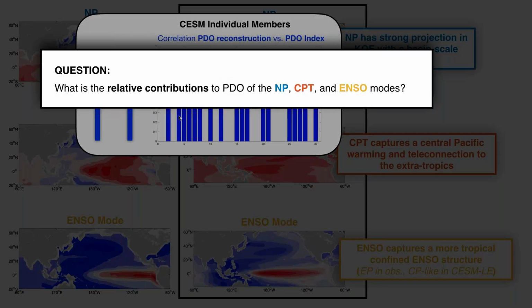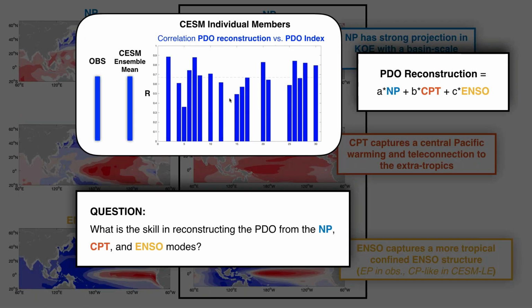Sorry, do your A, B, and C coefficients change for each CESM ensemble member? Yes, because for each member we calculate different modes, so it changes in different members. So the NP is like the normalized structure, and the A is a time varying coefficient?